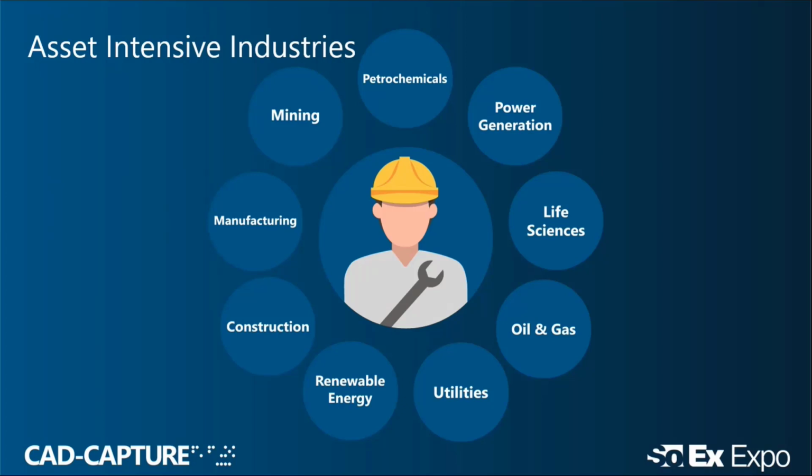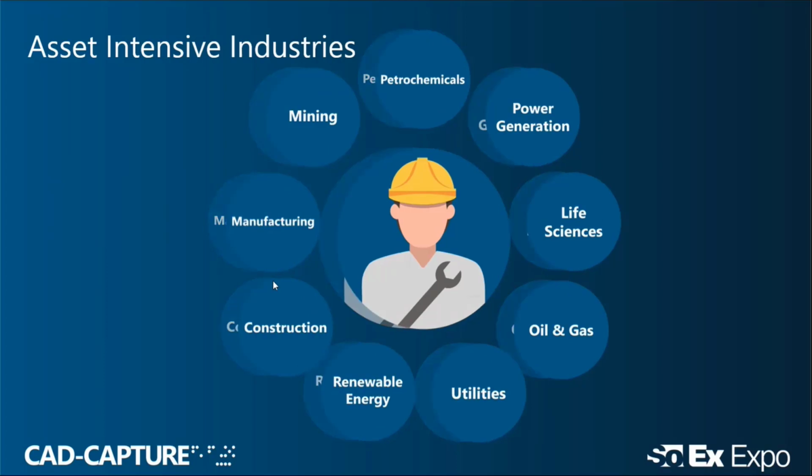We really started out 30 years ago working in oil and gas, and then have moved our solutions to a broader user base. Again, in utilities, renewable energy, both in Asia Pacific and in the UK. Then construction, manufacturing, and more recently we've started work deploying our system at a gold mine, which is very interesting, and I wish I could go and visit, but I'm not allowed.